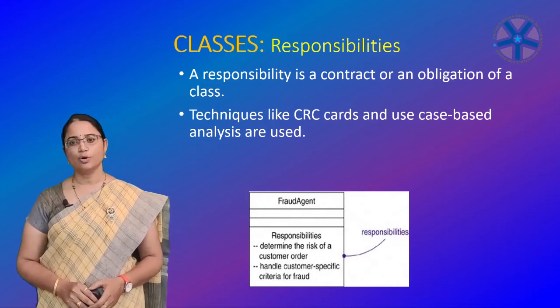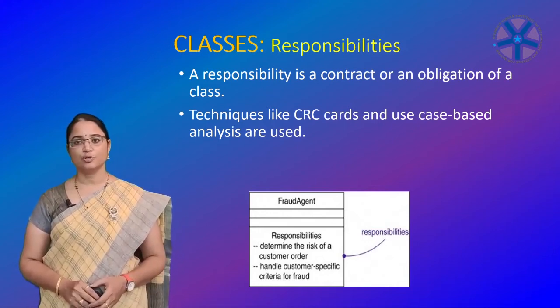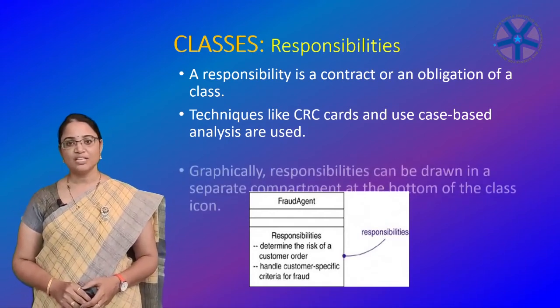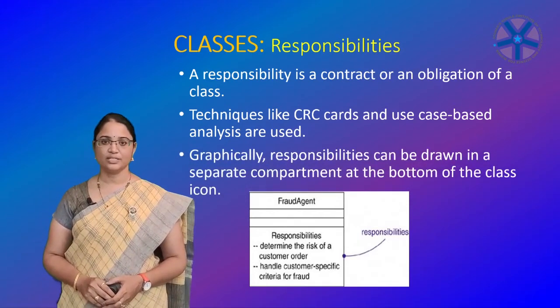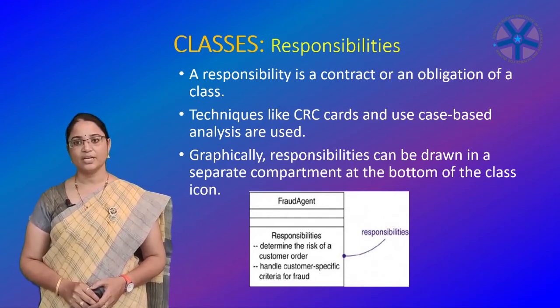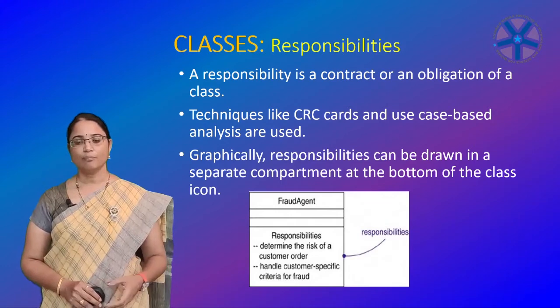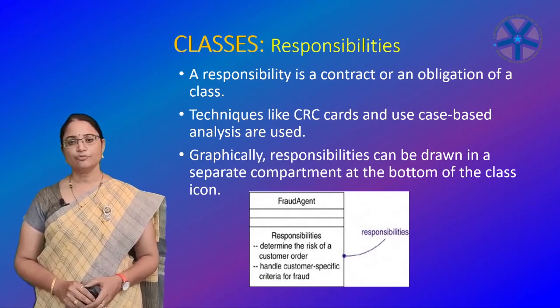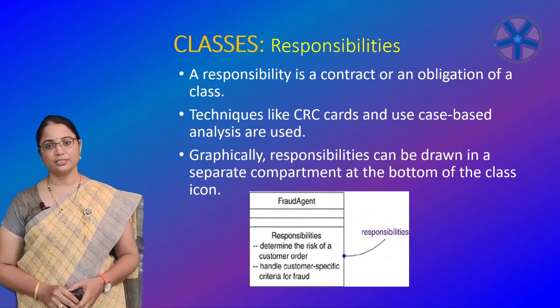As you refine your models, you will translate these responsibilities into a set of attributes and operations, as I discussed till now, that best fulfill the class's responsibilities. Graphically, responsibilities can be drawn in a separate compartment at the bottom of the class icon. Here we need to note a few points regarding the responsibilities.